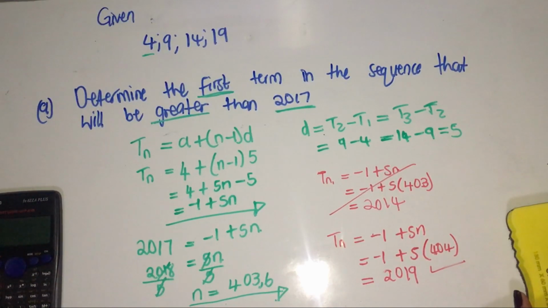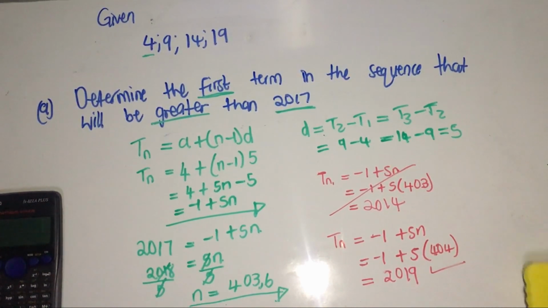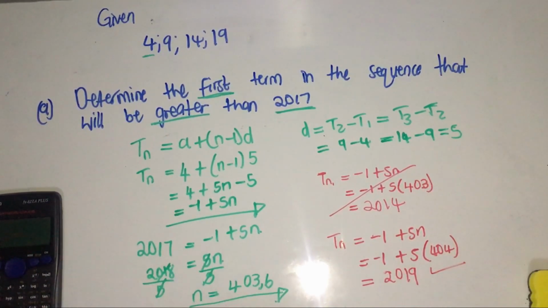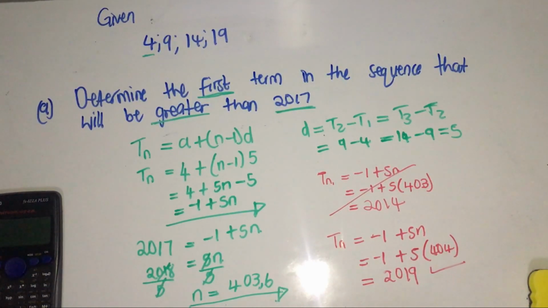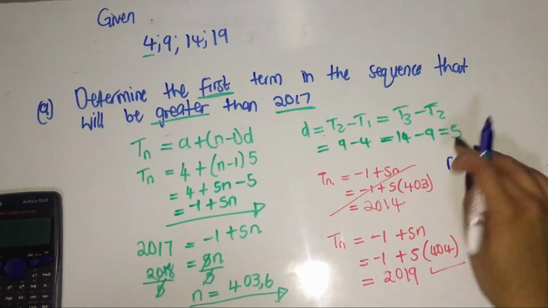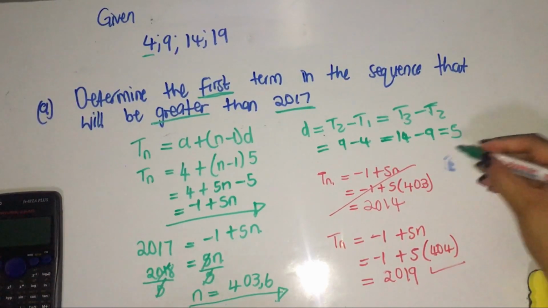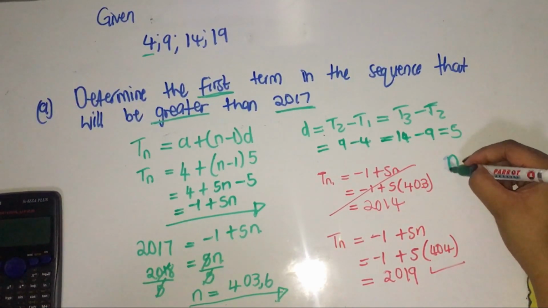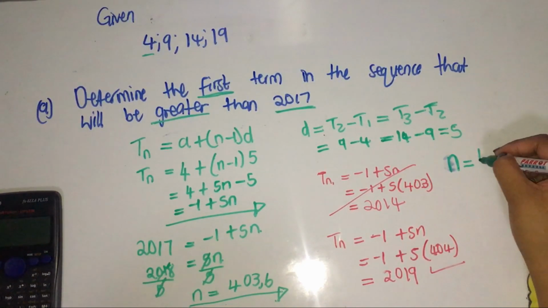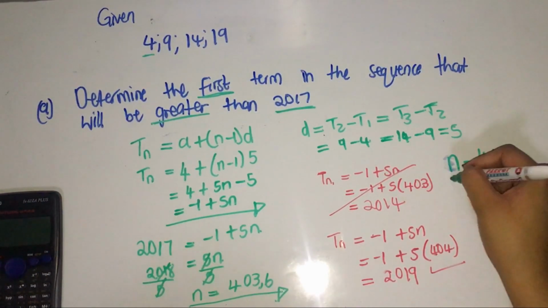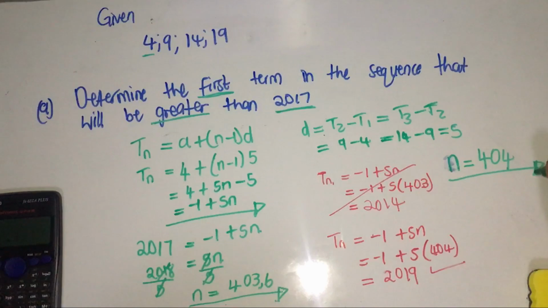So now, this means that our very first term that will be greater than 2017 is, why am I using a blue pen? I'm supposed to use a green pen. n is equal to 404. Bingo. There goes your answer.